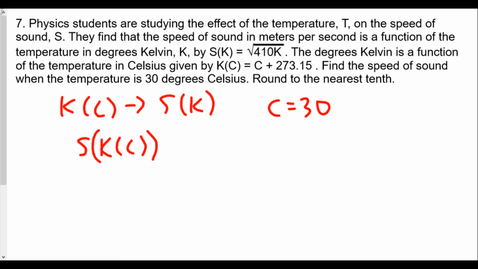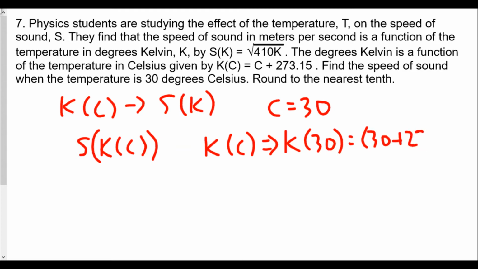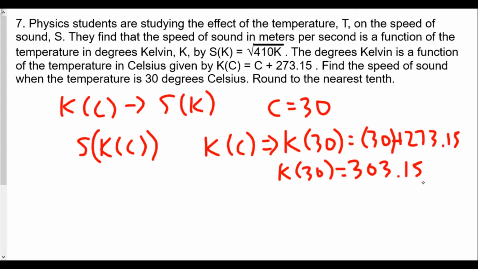Now we'll find K of C, because that's the inside function, or in this case, K of 30 is going to be 30 plus 273.15, or K of 30 is equal to 303.15.